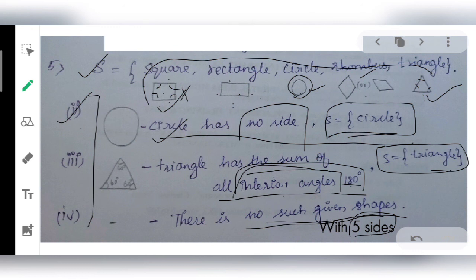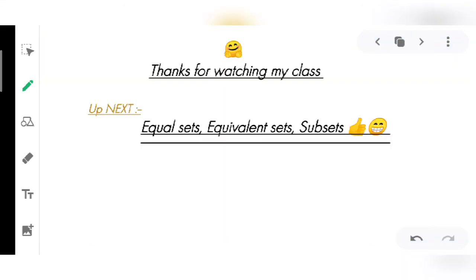So we have no such shapes with 5 sides. So the answer is a null set. S is equal to a null set. This is your answer.